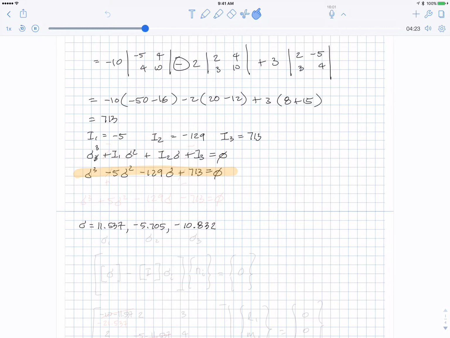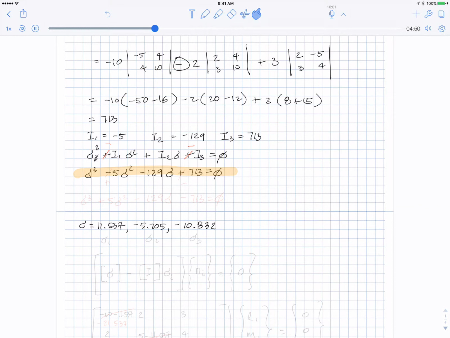After struggling with this for a little bit, I realized that I remembered this incorrectly. The actual equation is sigma cubed minus I1 sigma squared plus I2 sigma minus I3 equals 0. I really hope I got that right in the notes, but if not, I'm going to mention that in class tomorrow as well.